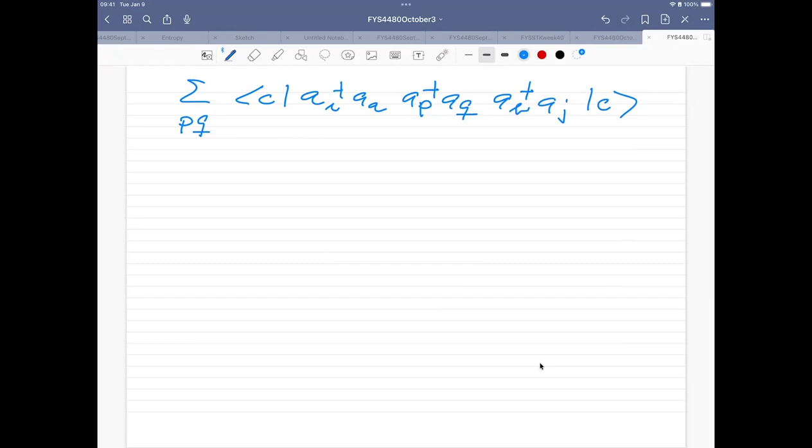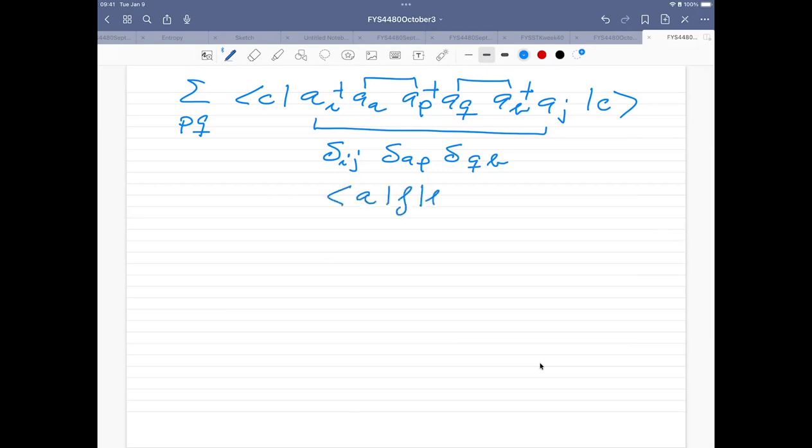Now, the possible contractions which I have is that I can have the particle states being contracted like this. And then the only other possibility is that the two hole states end up being equal. So this is going to give me a delta ij multiplied with a delta ap and a delta qb. That will give me a contribution which goes like <a|f|b> times delta ij. So the double sum over p and q disappears.